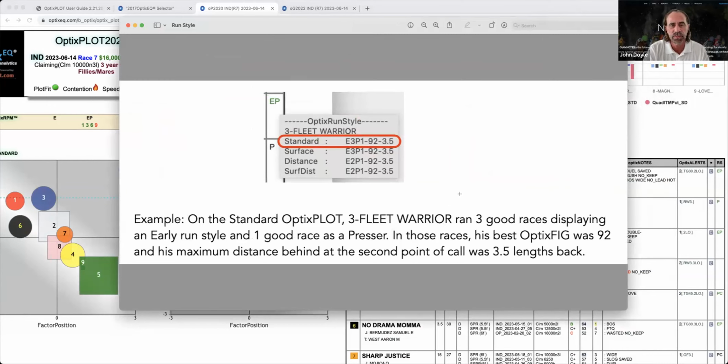What this tells us is that this horse in this particular race has a run style of EP, where he's won 3 times as an E, like a lone speed horse, and 1 time as a presser. The best Optix fig for that horse in those races was 92. So this is not winning, this is running a good race. We're trying to tie that to the horse's run style. The 3.5 that comes after tells you how far away this horse was at the second call. So this horse was 3.5 lengths back. That's the farthest back.